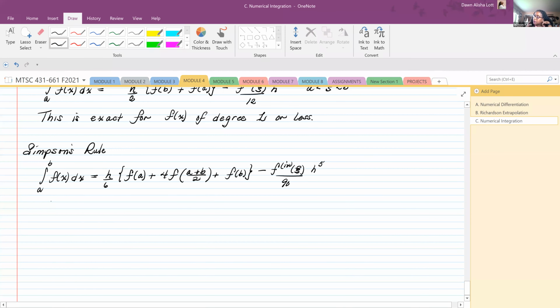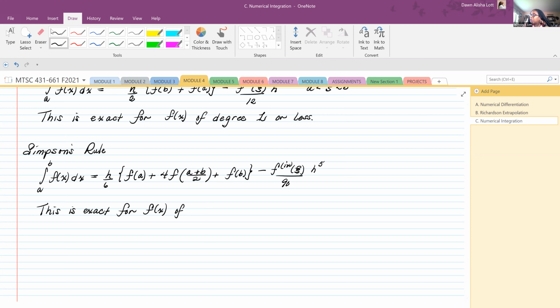And this is exact for f of x of degree, and I should say, this has to be a polynomial, degree 3 or less.